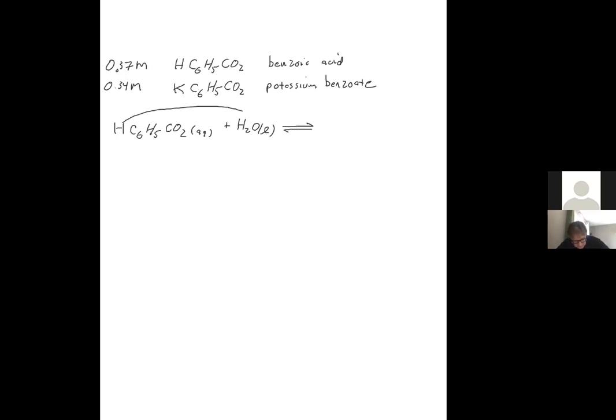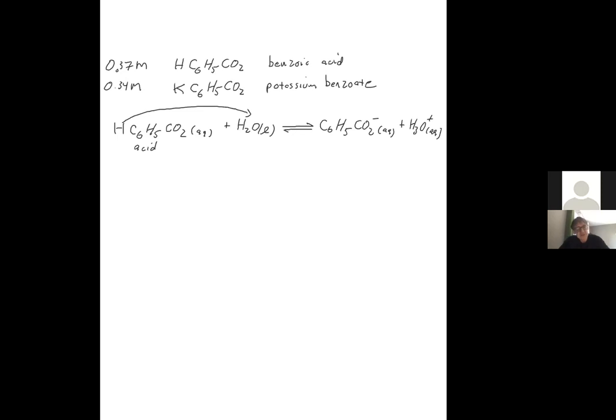So take your acid and react it with the water. It's a common theme in these two chapters. We're just doing this a lot, where you just write the reaction with water, okay?